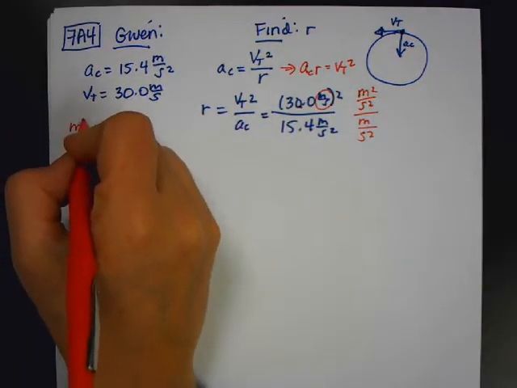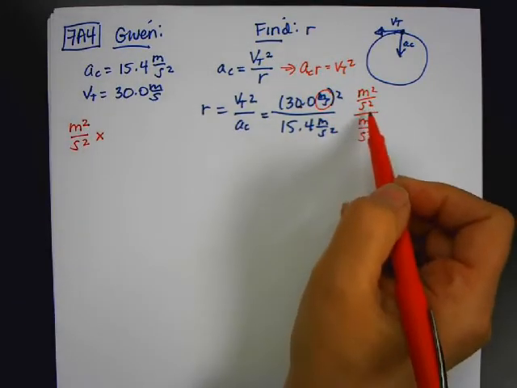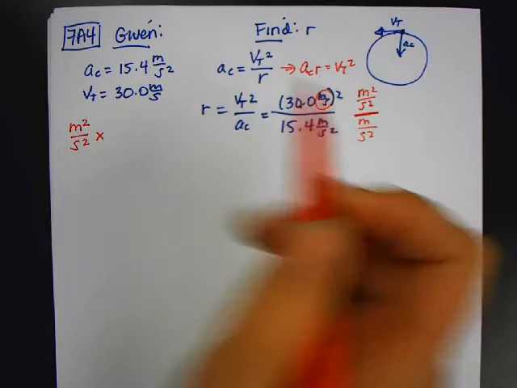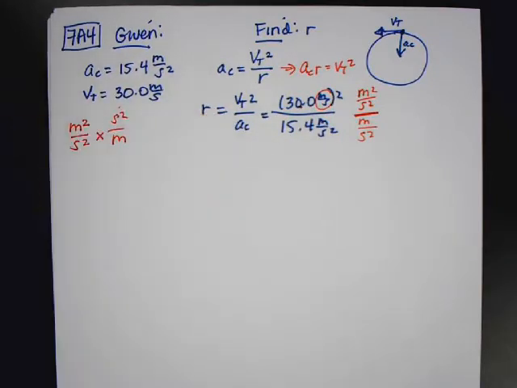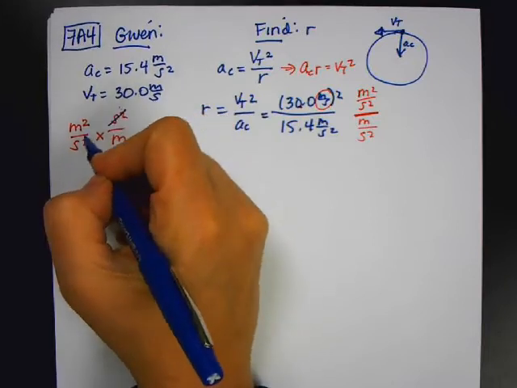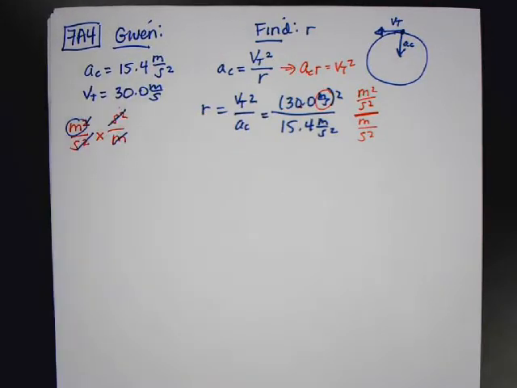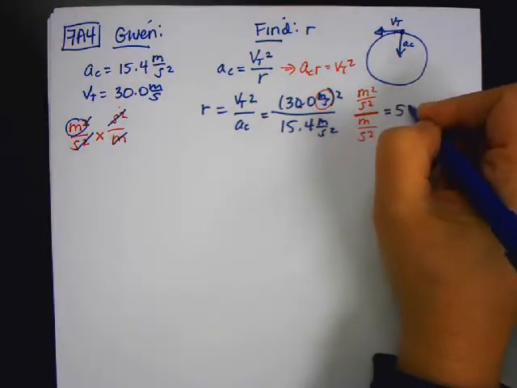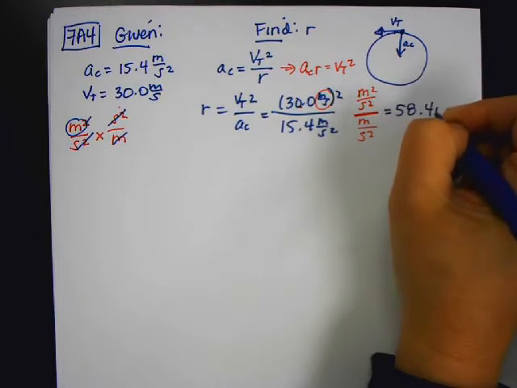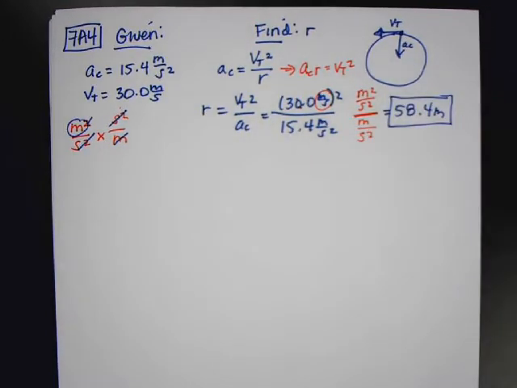So a meter squared over a second squared times the reciprocal, because when I divide fractions, it's like multiplying times the reciprocal. So when I do that, these two cancel, and this cancels with that, and I end up with meters, which is the correct unit for the radius. And it comes out to be 58.4 meters. So we always want to carry our units through and cancel to check our work.